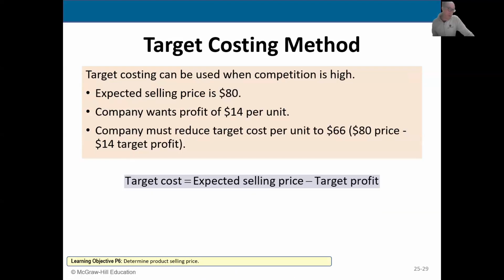Another method for setting your sales price is called the target costing method. This is a very straightforward formula. We take the expected sale price minus the target profit. Remember, the target profit's how much profit that you want to make from each unit.